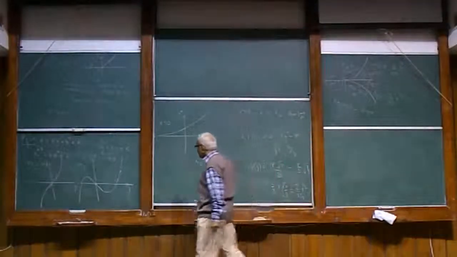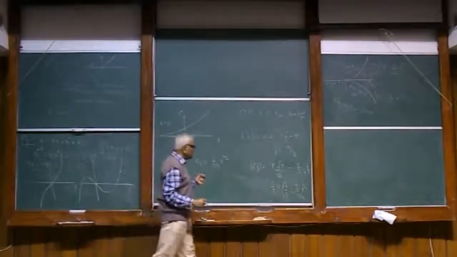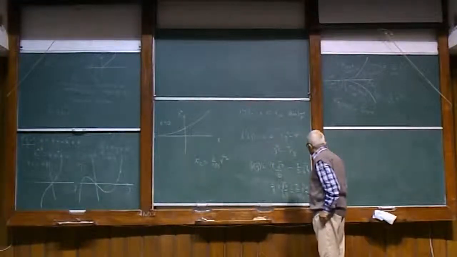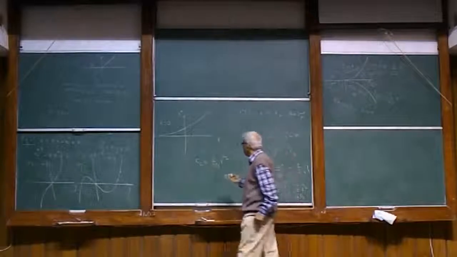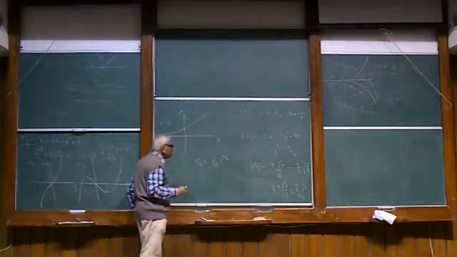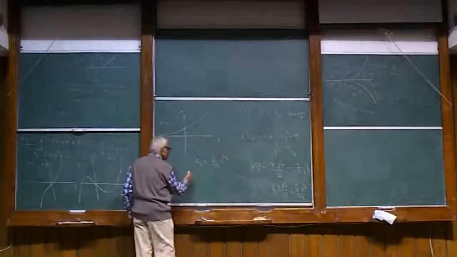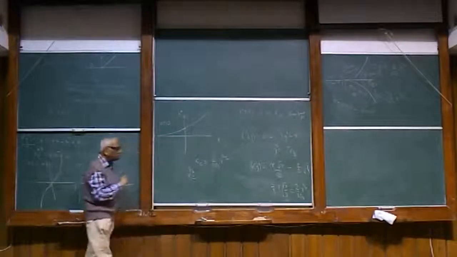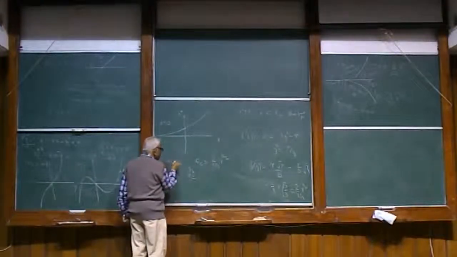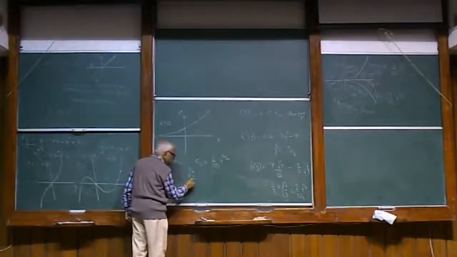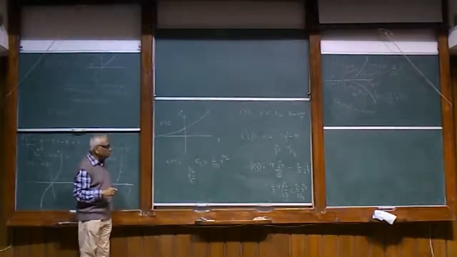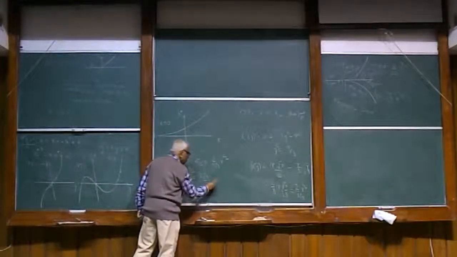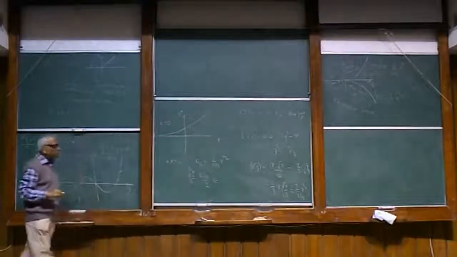I have fixed my epsilon at less than epsilon c, and there is an r critical, r c to the power 3 by 2, which is equal to 3 root 3 by 2 times epsilon.